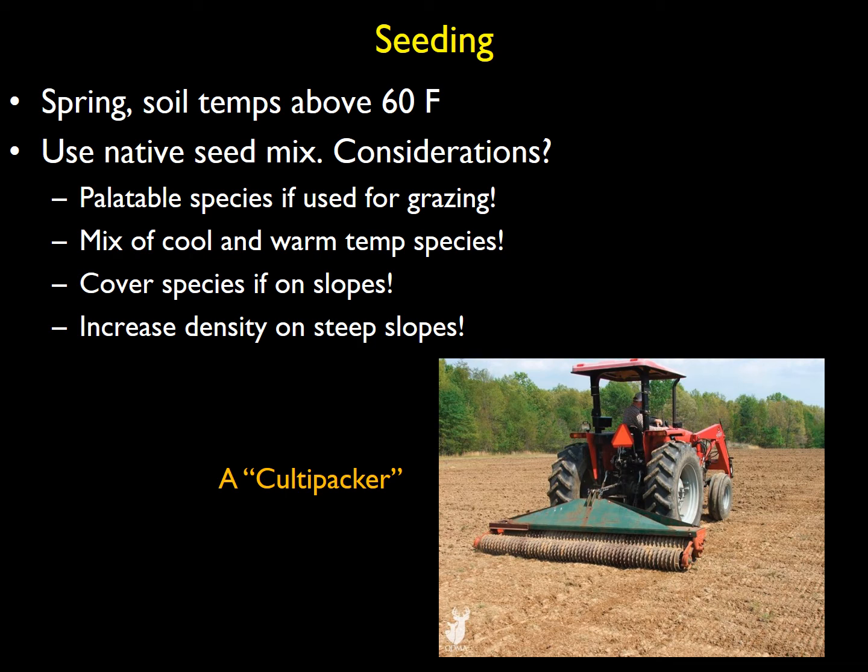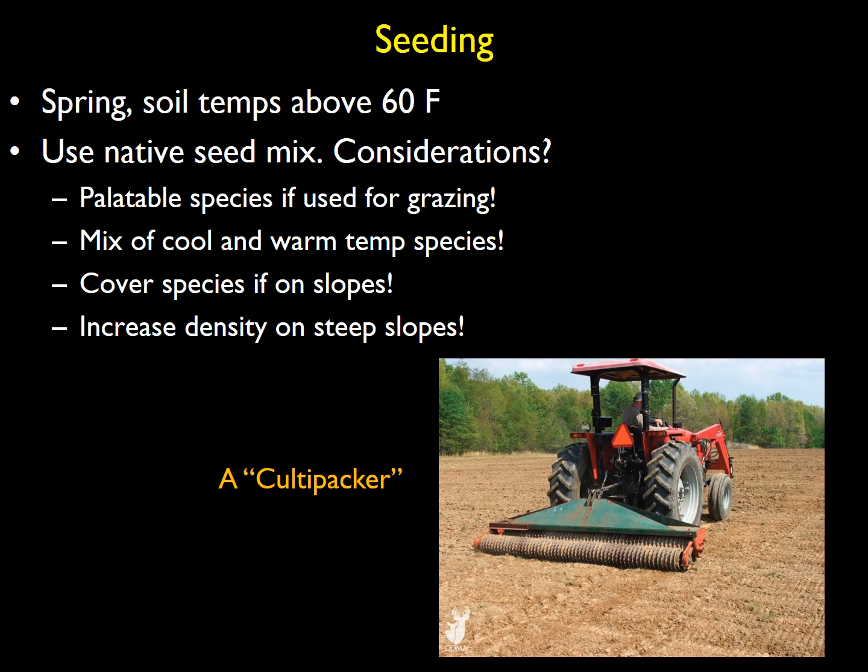If you're going to be seeding sloping areas, then be sure to use species that are going to spread pretty rapidly and are going to help to hold that soil together. And on steep slopes, you're going to want to plant at an even higher density, because one thing you don't want to have is bare soil left to be erodible once you get wind and rain coming through.